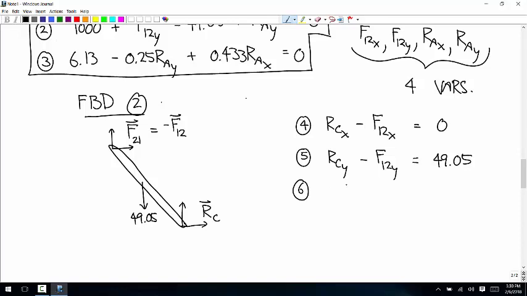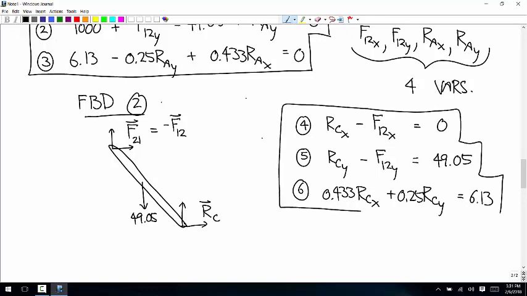And the moment equation comes out to be 0.433 RCX plus 0.25 RCY is equal to 6.13. And now we have 6 equations for 6 variables, and you can solve it.